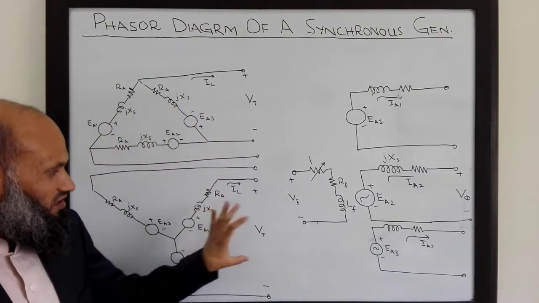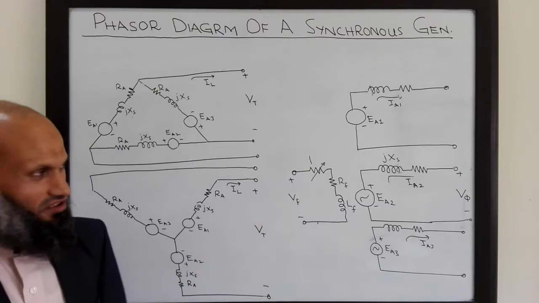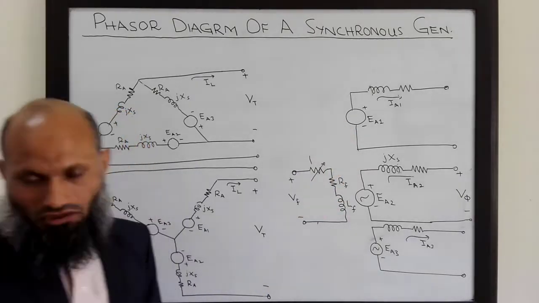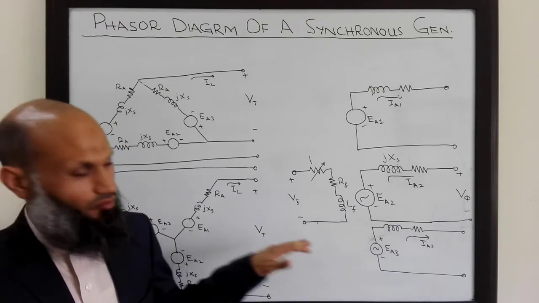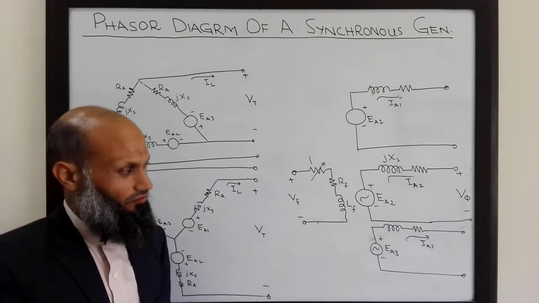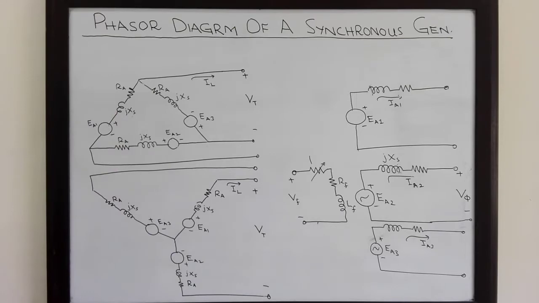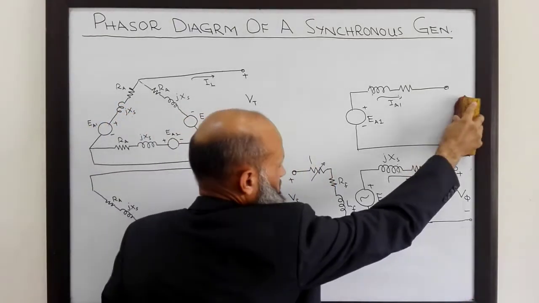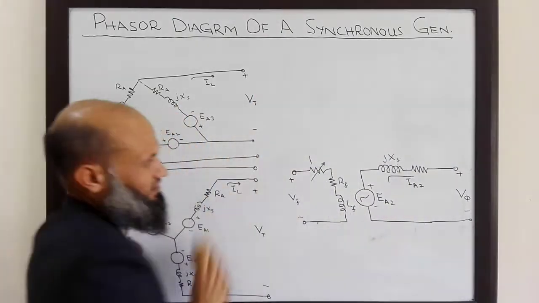Therefore, if you have connected a balanced load to the synchronous generator, all three phases are quite identical. Therefore, we generally sketch the per phase equivalent electrical circuit of a synchronous generator. So, the per phase equivalent electrical circuit of a synchronous generator is given by this diagram.